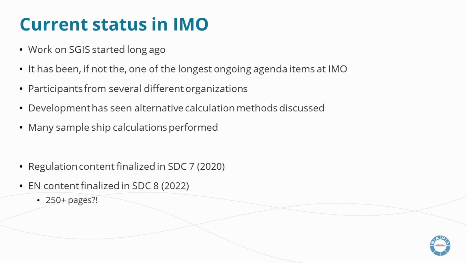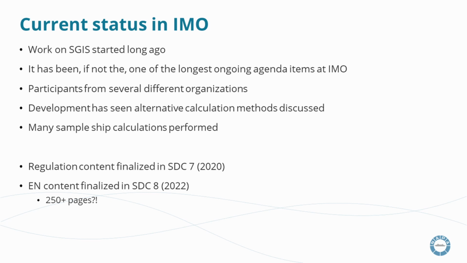Alternative methods have been discussed along the way, and when the industry got involved, additional sample ship calculations for different ship types and ships of different size were also submitted. The content of the draft regulation was completed in SDC 7 in 2020, and the explanatory notes content was finalized in SDC 8 earlier this year.